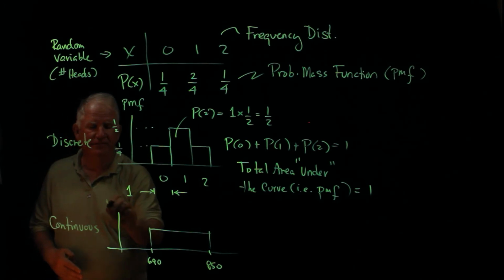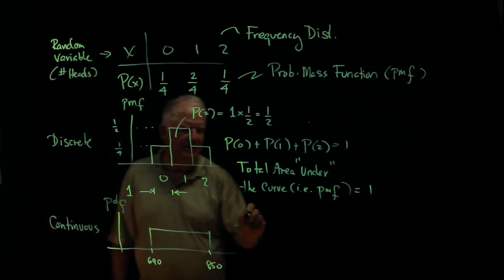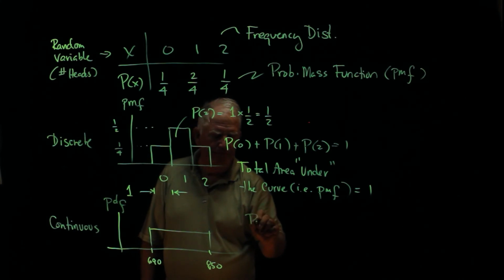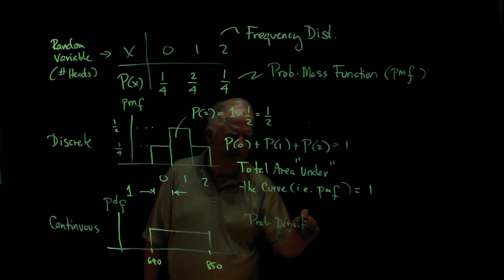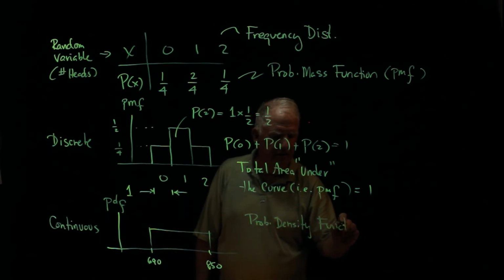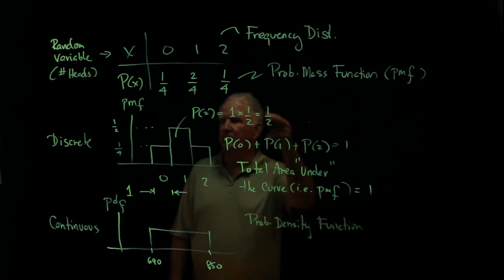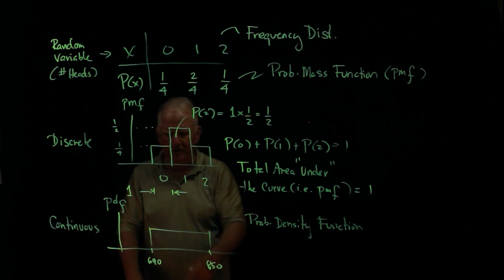This was a PMF, this is a PDF, a probability density function. But it serves the same purpose as the probability mass function of assigning to values a probability of occurrence.